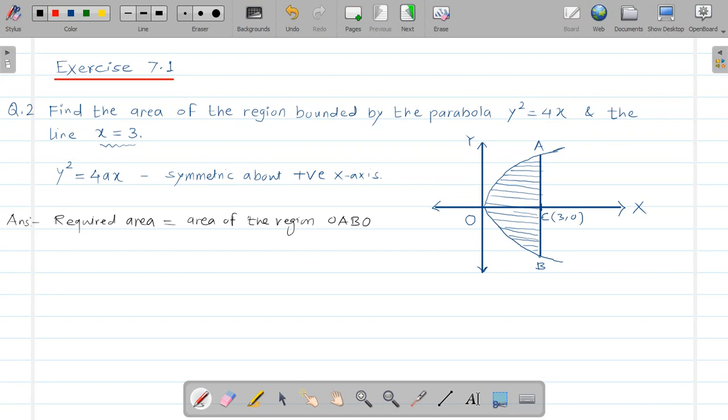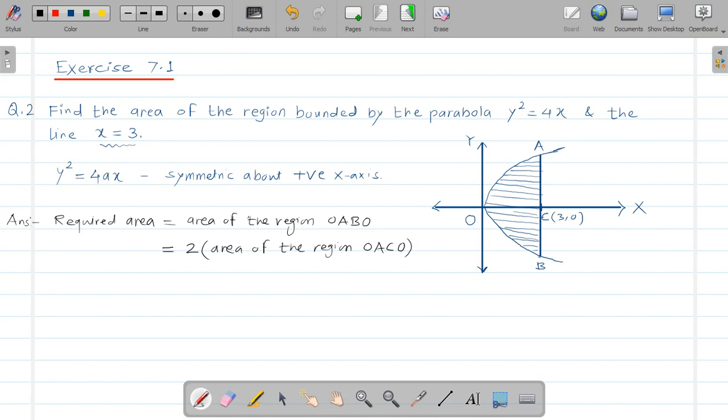If you want to find out area of the region OABO, then as it is symmetric to the positive x-axis, it is equal to 2 times the area of the region OACO.